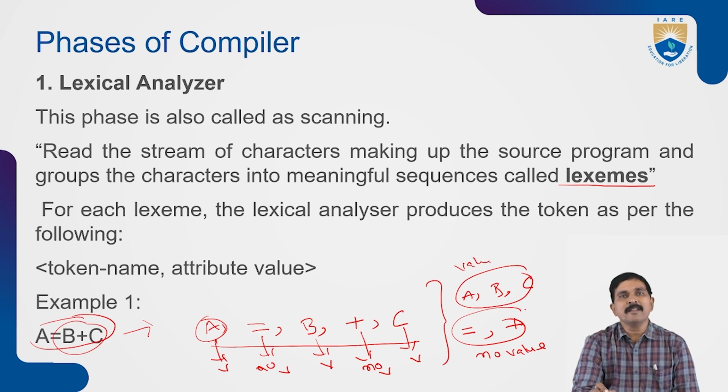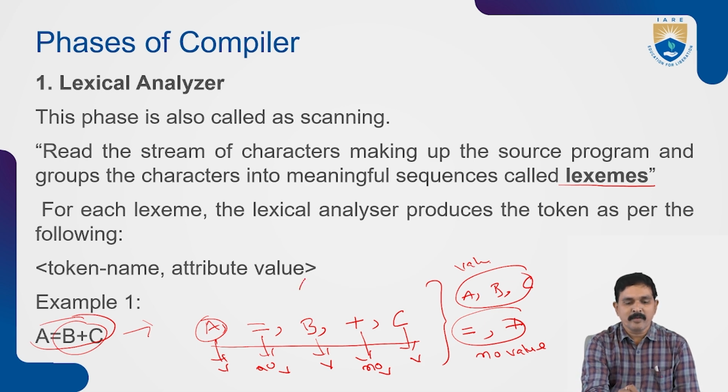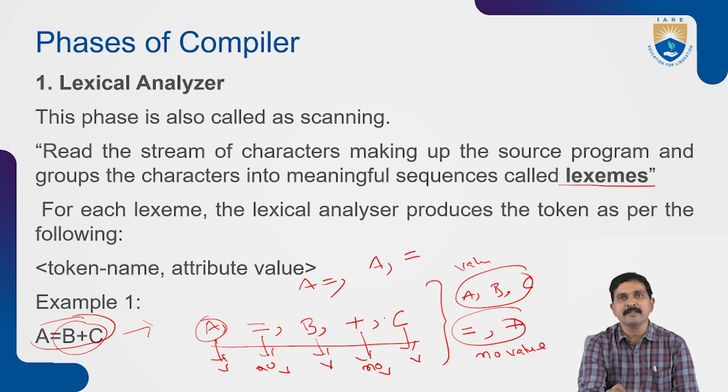So we have to read the stream of characters. Whatever statement is given, from that you have to read the stream of characters making up the source program and group the characters into meaningful sequences called lexemes. So you cannot separate like this: A equal. How do we separate? A is separate, equal is also separate. So we have to divide the given statement, given line, given instruction of the particular programming language into some number of meaningful lexemes.